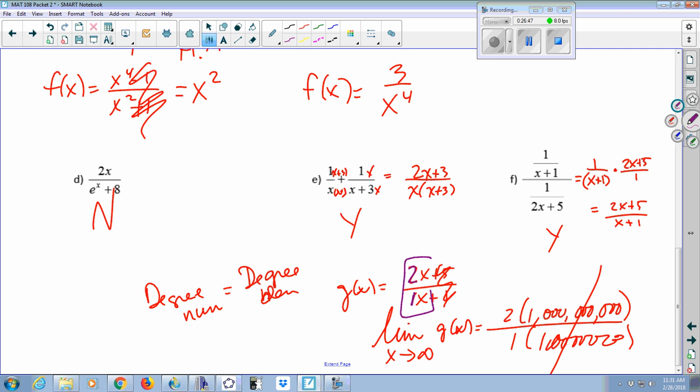Because remember, you're looking at just these 2 power terms, 2x over 1x, and that reduces to 2 over 1. So the way they say it sounds confusing, but when you think about it, it isn't confusing. Just simplify it, it's 2 to 1. The horizontal asymptote is the leading coefficient of your numerator, 2, divided by the leading coefficient of your denominator, 1.